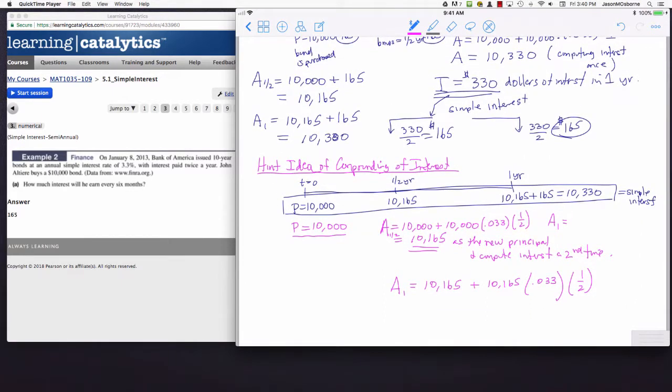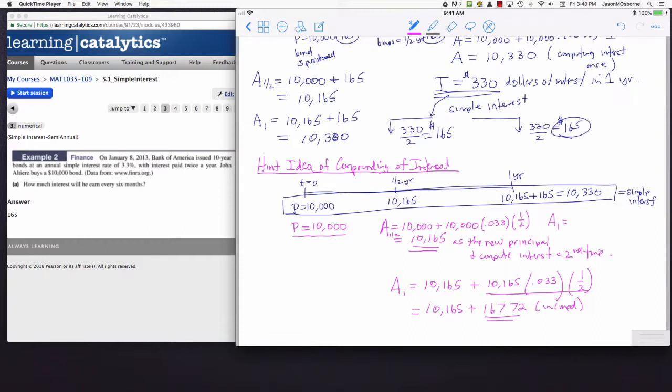For the second half of the year, the interest payment is 10,165 times 0.033, divided by 2. Now your interest payment on the second half of the year in the compounded interest case is about $167.